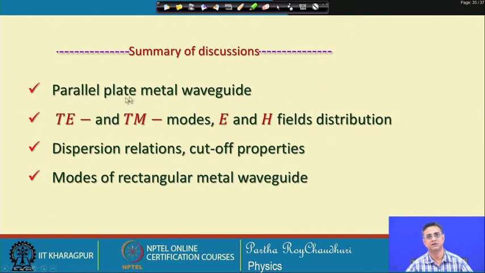We also considered the TM modes in terms of the electric field and magnetic field configuration, their cutoff properties and all. And we have also discussed a very special case of a rectangular metallic waveguide, which is very common in microwave technology, and we have seen the cutoff properties and the field distribution in terms of electric and magnetic fields within the waveguide.